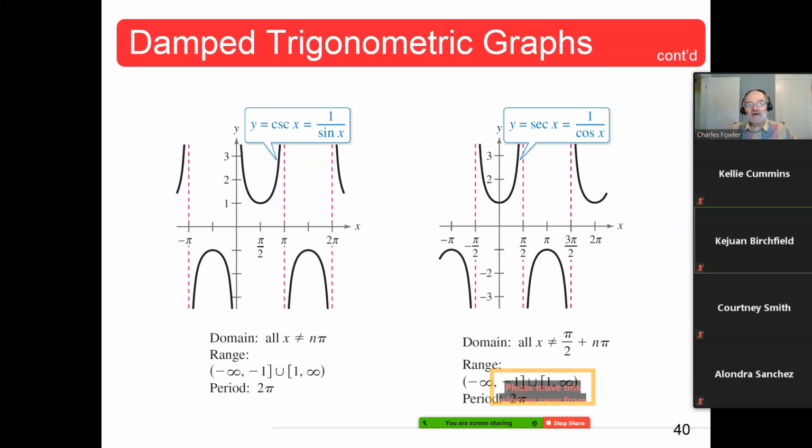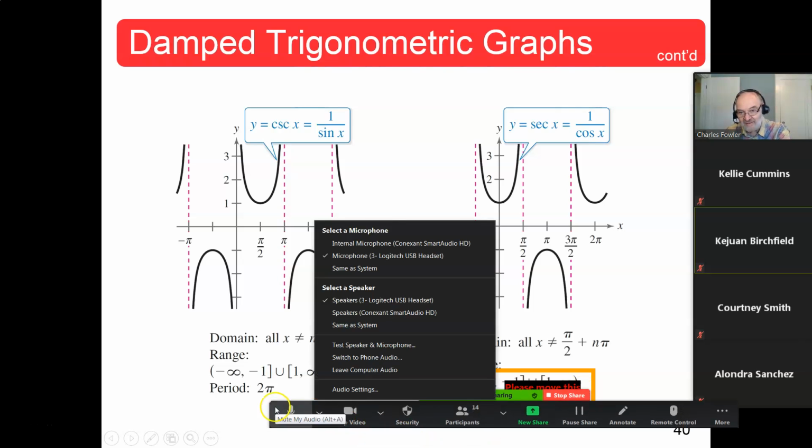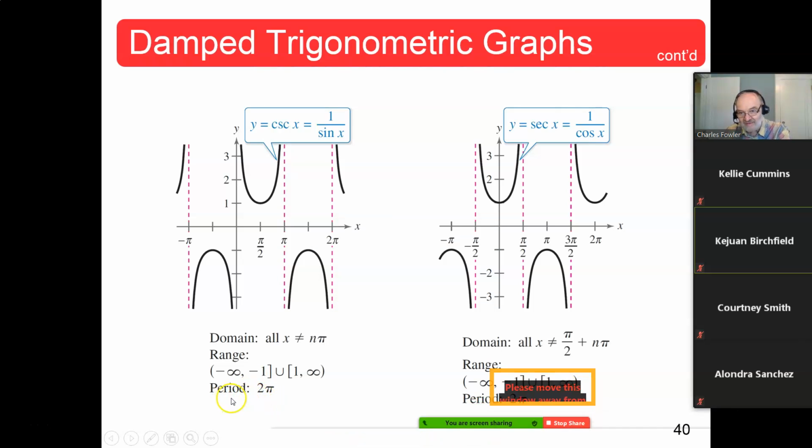It's the things above and below plus or minus 1. Okay? The period of y is equal to cosecant x is, anybody? 2 pi, perfect. Okay.